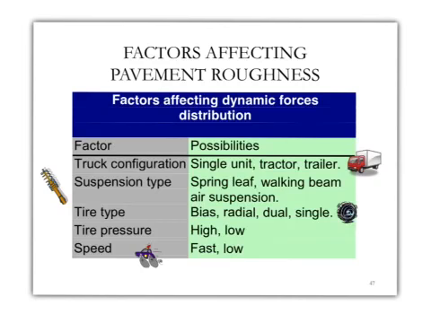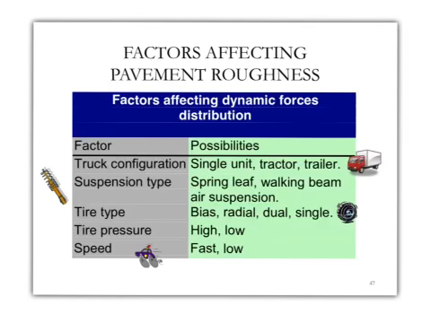So here is, in summary, some of the factors that affect the dynamic forces distribution and what the possibilities are for each factor. For example, truck configuration: we may have single unit, tractor, or trailer, and each one of those is going to experience the road roughness in a different way. We also have suspension type.